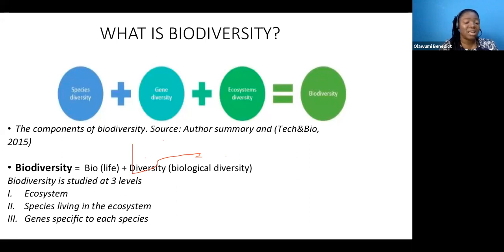And then in that conference, 50 countries decided to sign an agreement on what they think biodiversity is and what definition of biodiversity should be used.